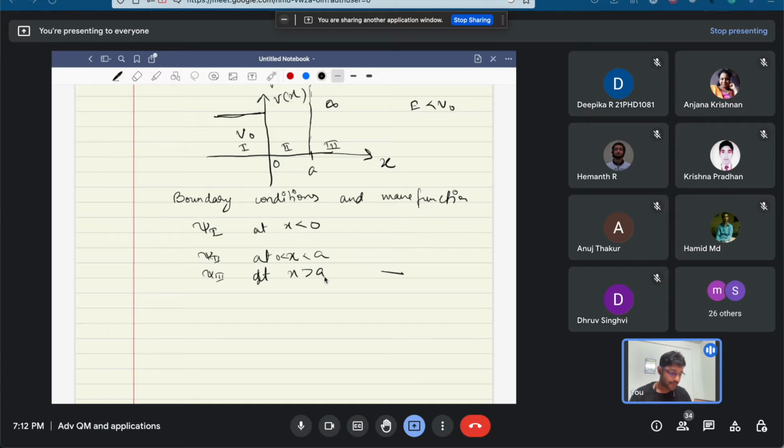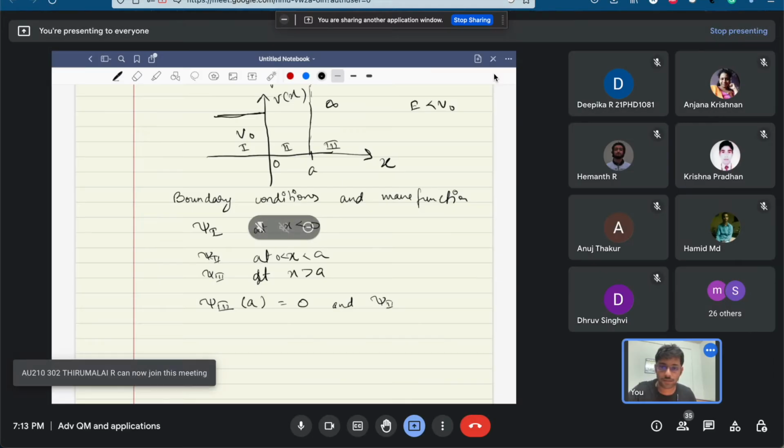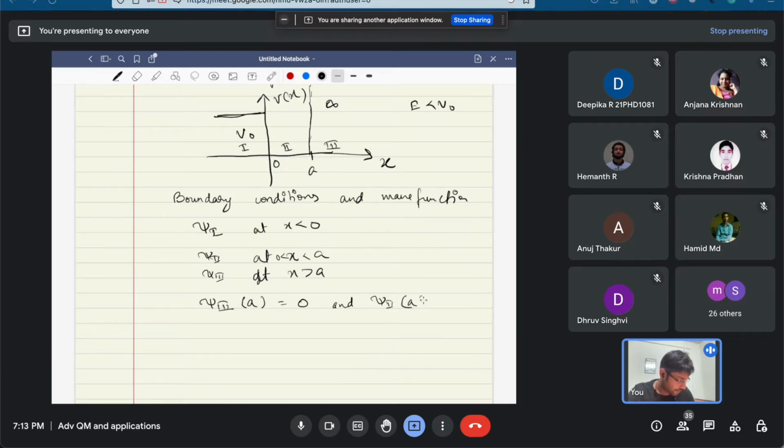Since for x greater than a the potential is infinite, psi 3 at a is supposed to be 0, and psi 2 at a equals 0. Wait, sorry, there has to be some way to admit everyone.